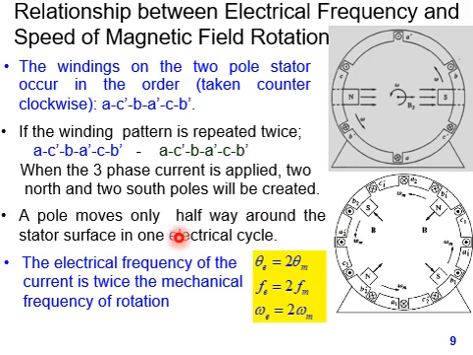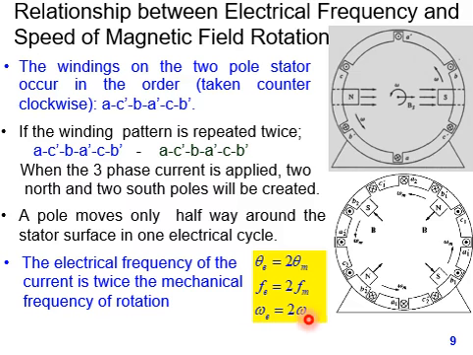A pole moves only halfway around the stator surface in one electrical cycle. That's why the electric frequency of the current is twice the mechanical frequency of rotation. Theta E is equal to 2 theta m. Similarly, f E is equal to 2 f m, and omega E is equal to 2 omega m.